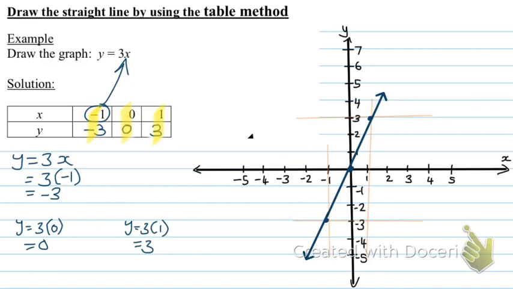Okay, then what I do next is I write down the equation y is equal to 3x. Where do I find that again? That's the equation that they gave me right there. So I'm going to write it there at the top, and then I always have to write down the coordinates of the intercepts with the axes. So I'm going to write down this intercept.